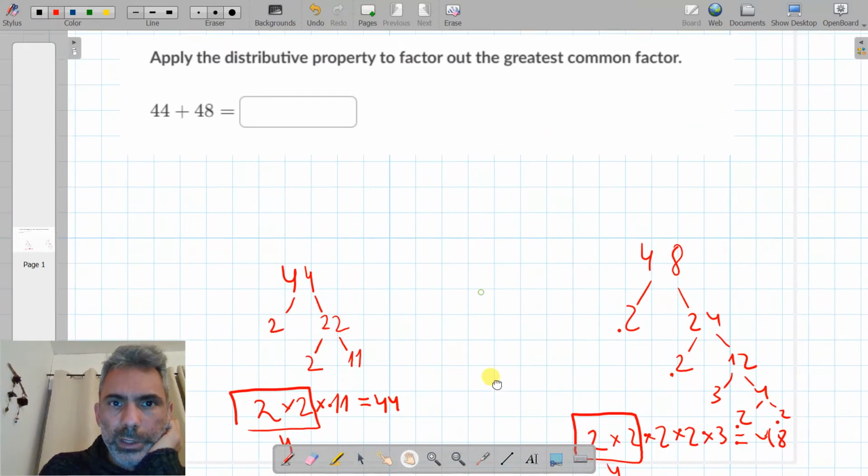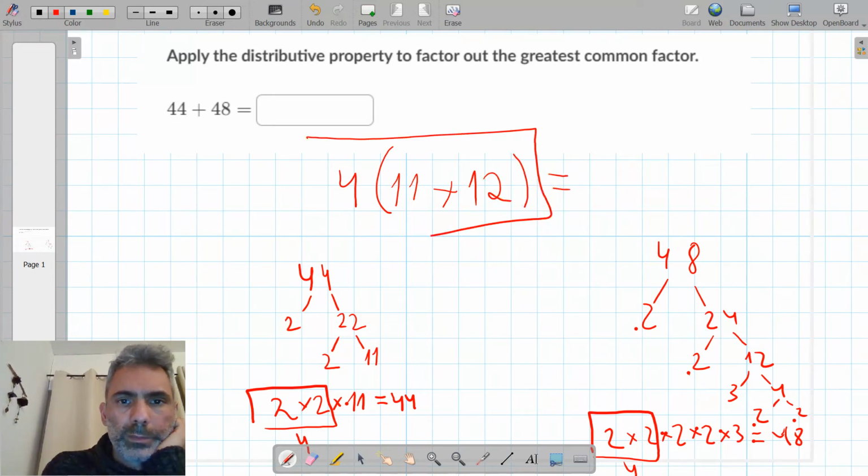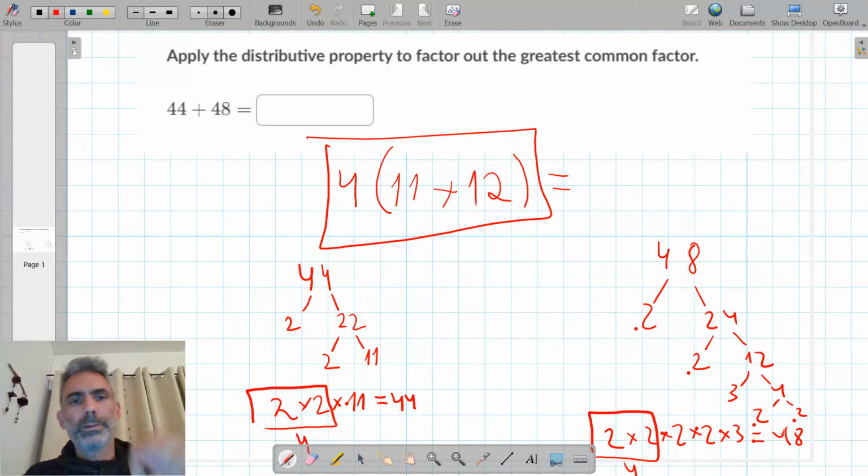So 4 is the greatest common factor. So 4 times (11 plus 12). This is the answer. 4 times 11 is 44. 4 times 12 is 48.